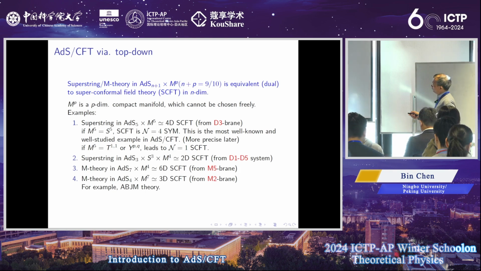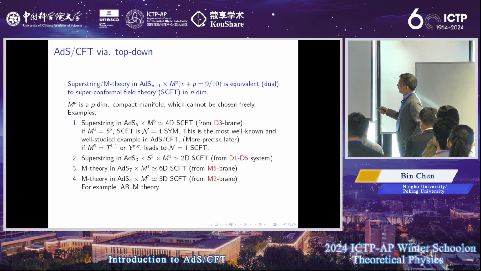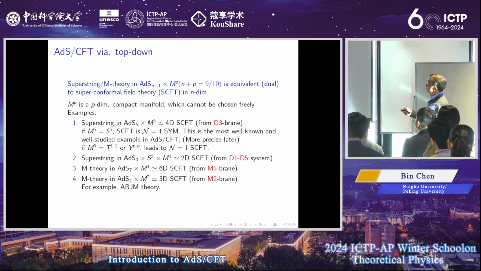I think starting from 2008, there were a lot of papers understanding this correspondence, especially when M7 is S7. Then we have this ABJM theory, another well-known and well-studied example in the AdS/CFT correspondence.